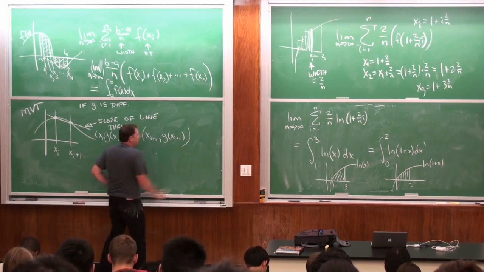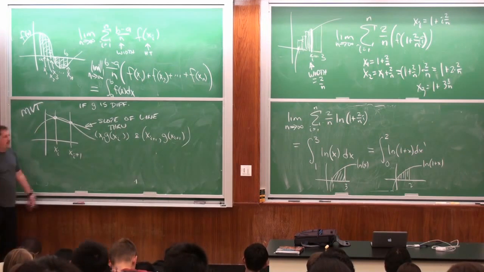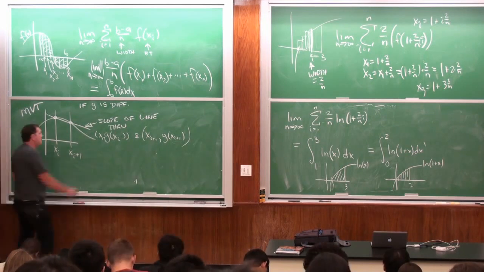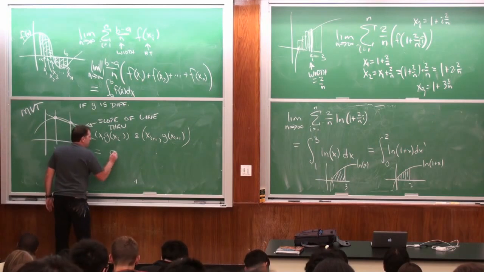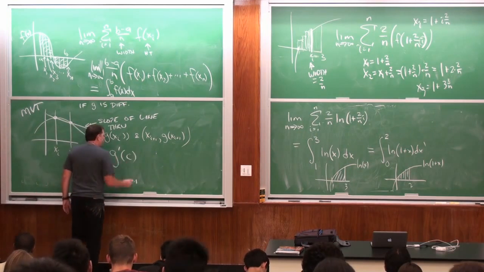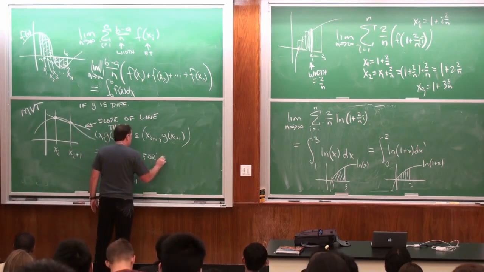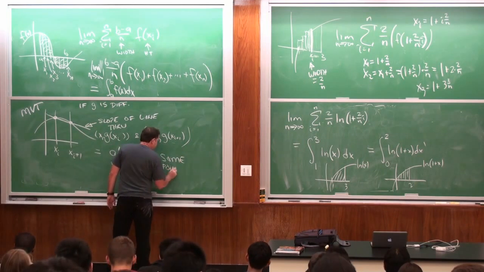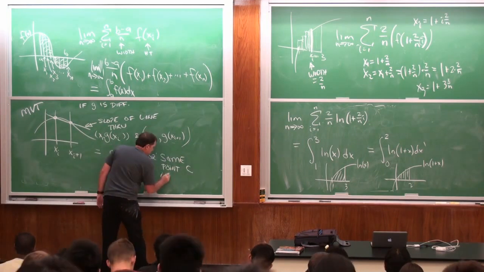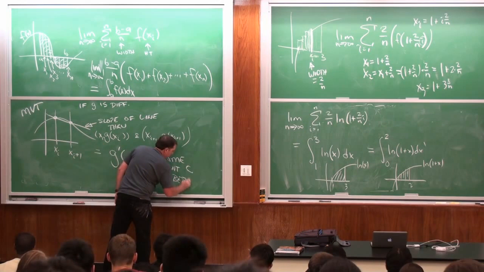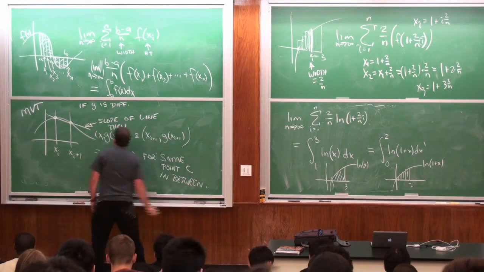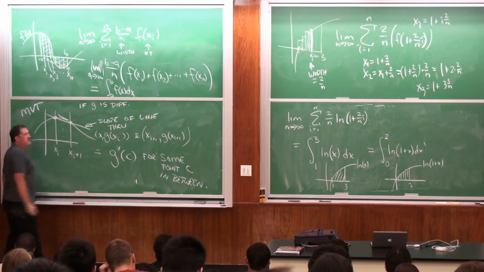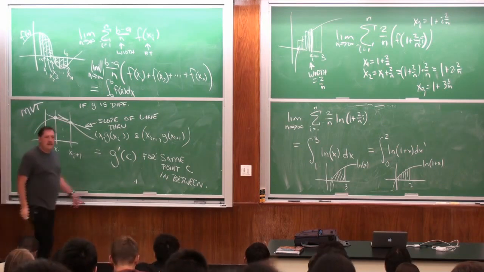Those are my 2 points, which usually you call them A and B, but I already used A and B. And the slope of the line through there is the same as the derivative for some point in between. So there's some place, at least one place, this place, where the slope is the same.